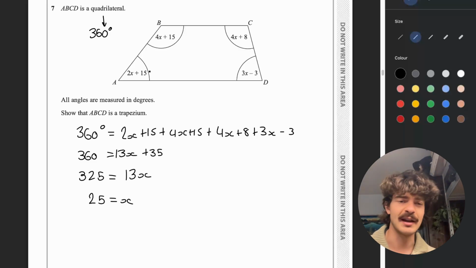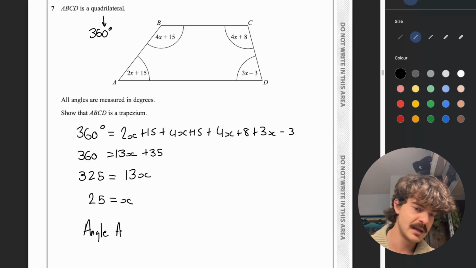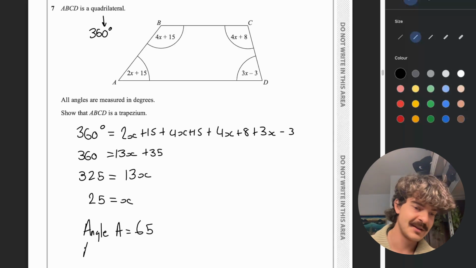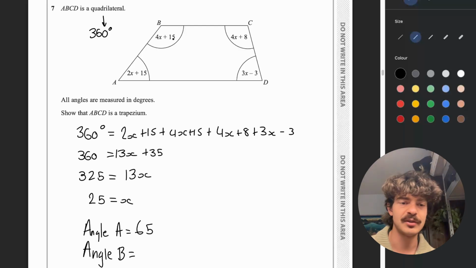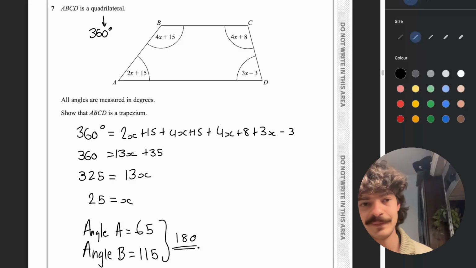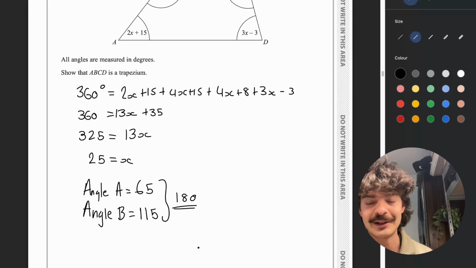But let's show just A and B. So angle A is going to be equal to 50 plus 15, which is going to be 65. And then angle B is going to be equal to 4 times x, so 100 plus 15. So 115, and look at this. Summing these together does indeed give us our 180. Cool. So therefore we've shown it's a trapezium.